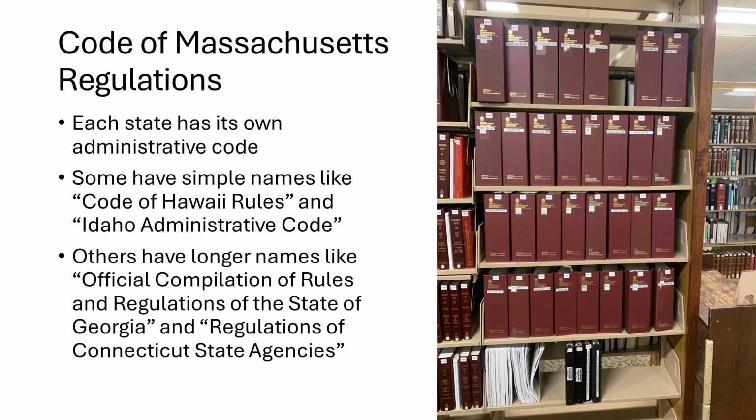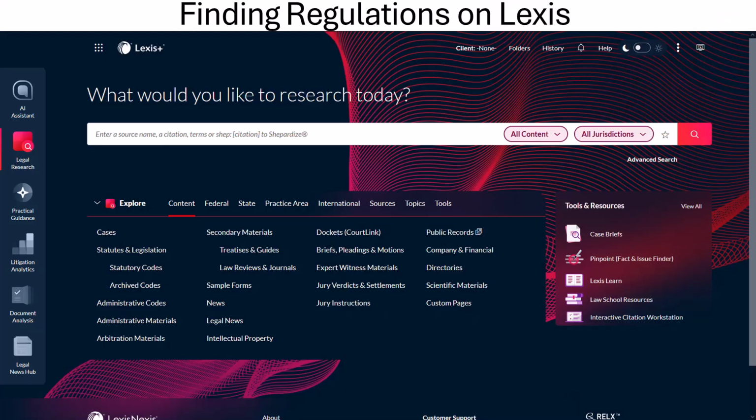In Massachusetts, we have the Code of Massachusetts Regulations. Each state has its own name. They're all going to have either administrative or regulation or rules in the title of them, but if you want to find the specific title, then you'll go to T1 in the Blue Book, which we'll cover in a little bit.